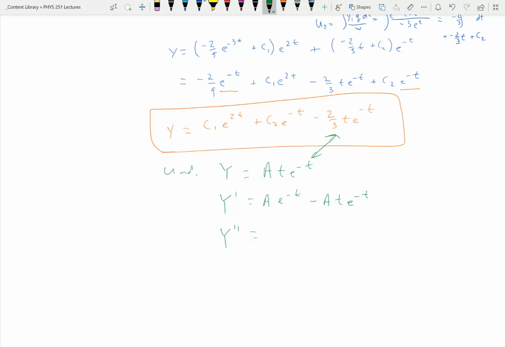Y double prime is equal to minus a e to the minus t minus a e to the minus t plus a t e to the minus t, which is minus 2 plus t, times a e to the minus t.